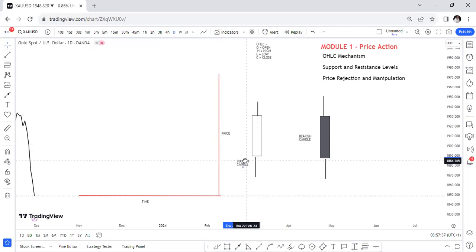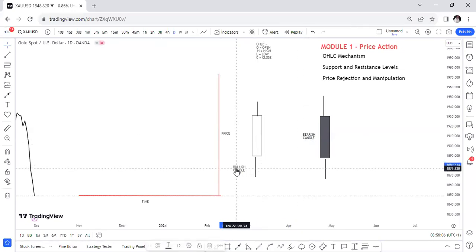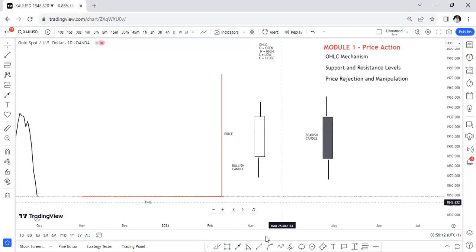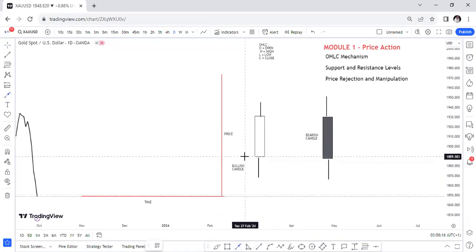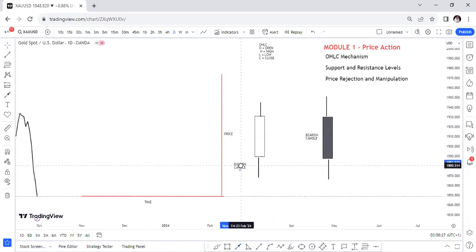So you see how price moves, and you must be able to note this. So price opens for, oh sorry, let me correct the mistake.